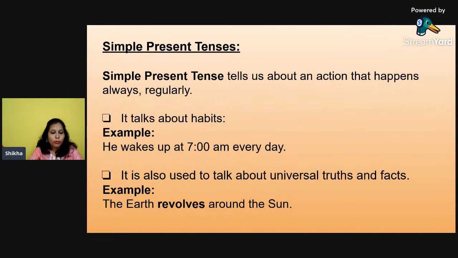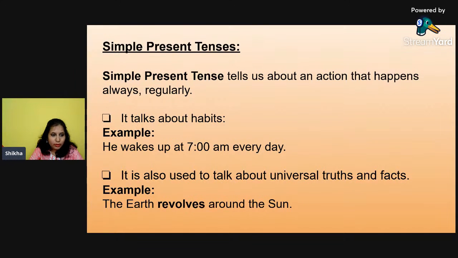For example, he wakes up at 5 a.m. every day. He goes for a walk at 6 a.m. every day. So these are the habits we are talking about, and that is why they come under simple present tense.